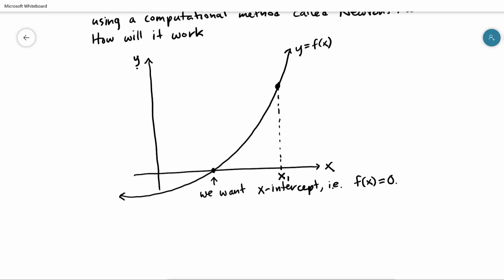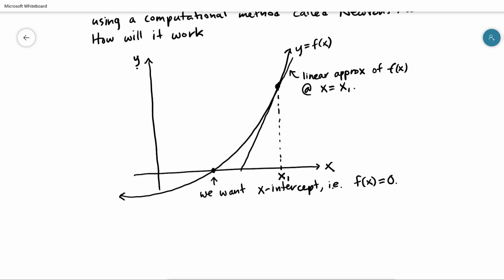But what I'll do is compute the derivative of my f of x and use that to come up with a linear approximation, and I will draw the tangent line. So we've done this in the class before. I'm going to draw the tangent line. Here's the tangent line. So this line is our linear approximation of f of x at x equals this first point, x1.